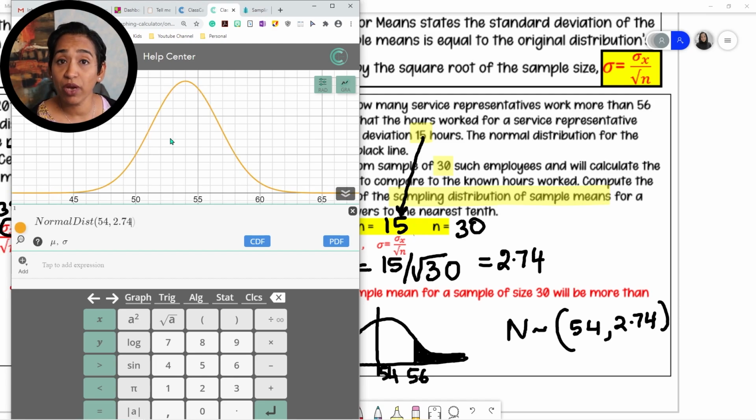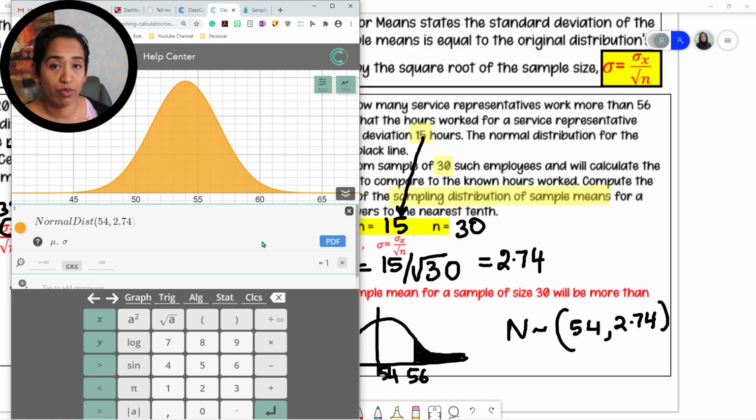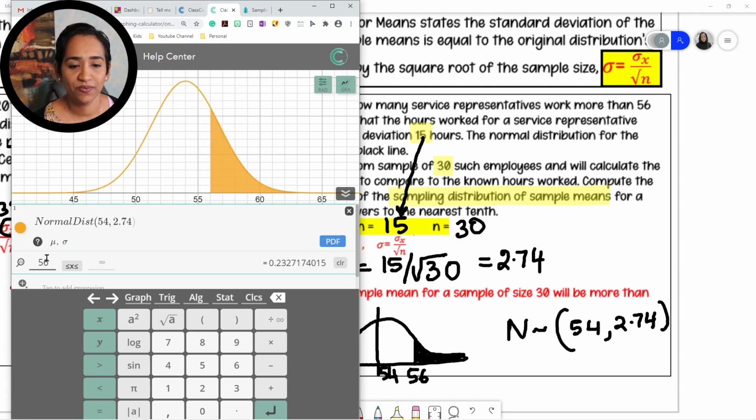So that is my normal distribution, but I'm trying to find the area under the curve, so I click on CDF. Remember from section 6.1, I'm guessing? And I'm trying to find the area to the right-hand side because it's 56, so I'm going to plug 56 on the left-hand side. As you can see, this is the area to the right. I want the area to the right.